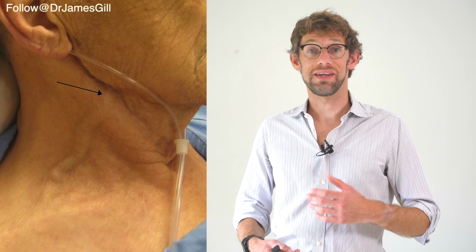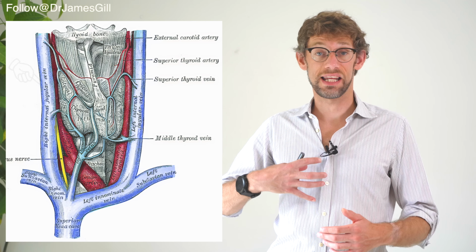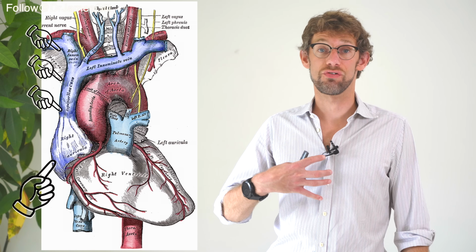So what is the JVP? The JVP is an indirect measure of pressure in the right atrium of the heart and the general venous system. The right internal jugular vein sits directly over the superior vena cava and the right atrium of the heart.